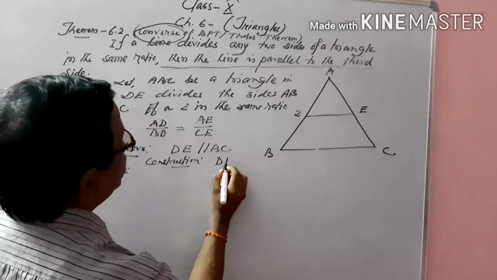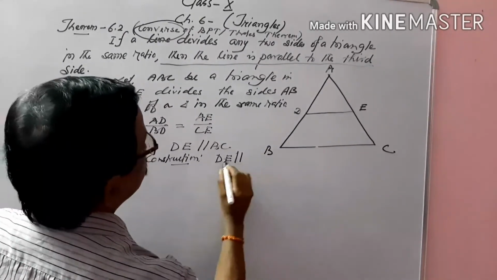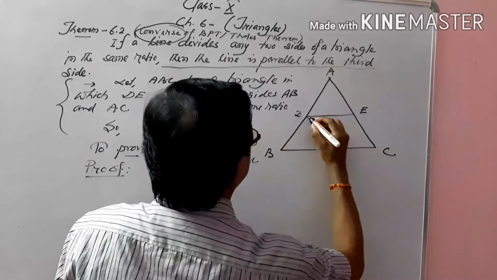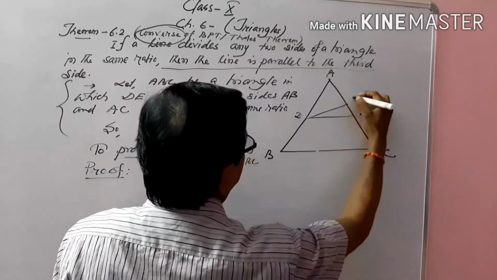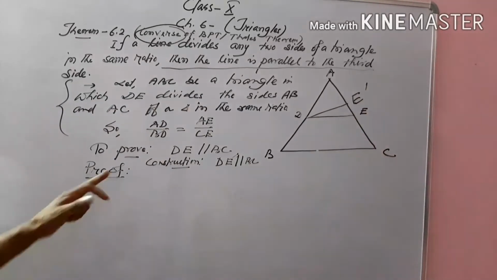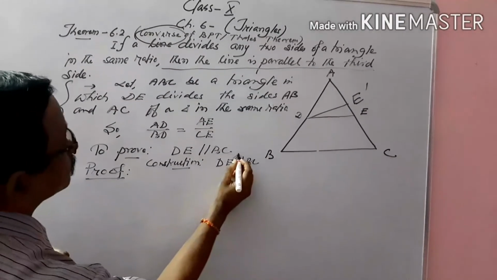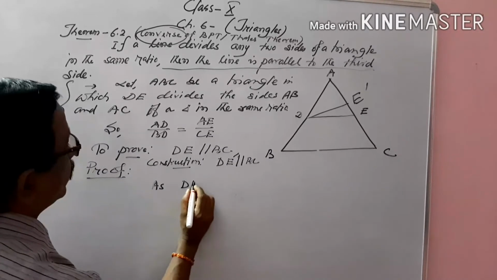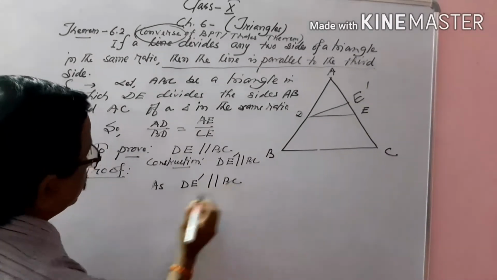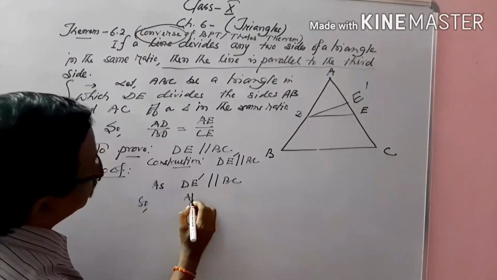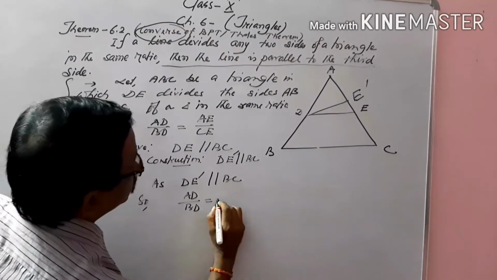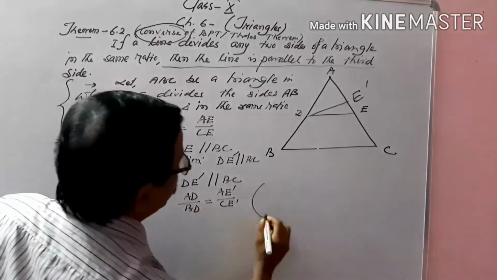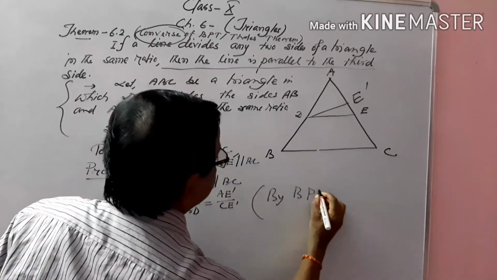Construction: draw DE dash parallel to BC. So first we draw D E dash parallel to BC. As DE dash is parallel to BC, we can write AD by BD equal to AE dash by E dash C, by BPT or Thales theorem.